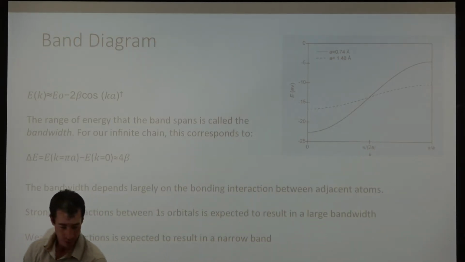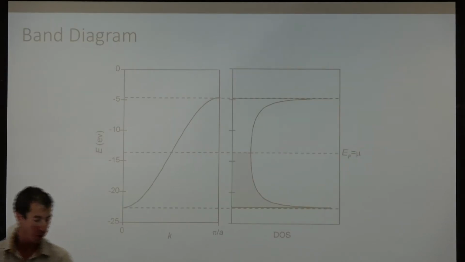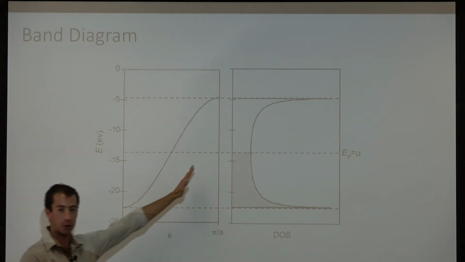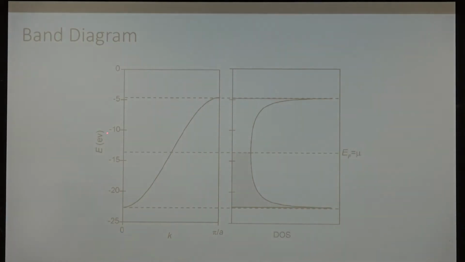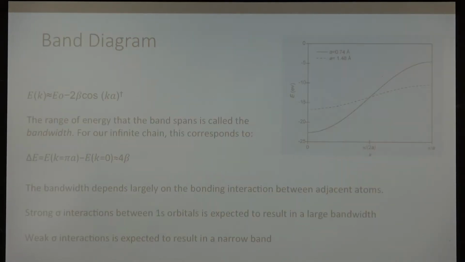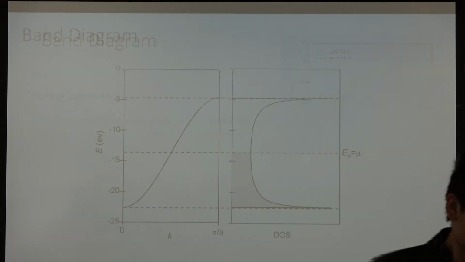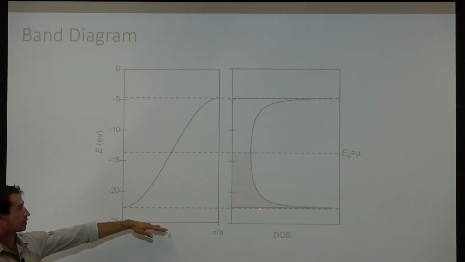Okay. And so then to look at this, comparing to our density of states, this is kind of confusing because this looks like our Fermi-Dirac distribution, but it's not. This is just looking at our same bandwidth plot and comparing it to our density of states.